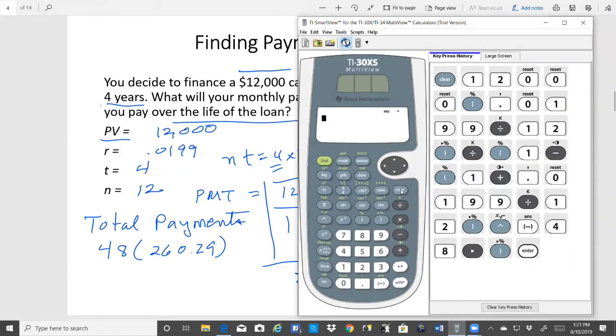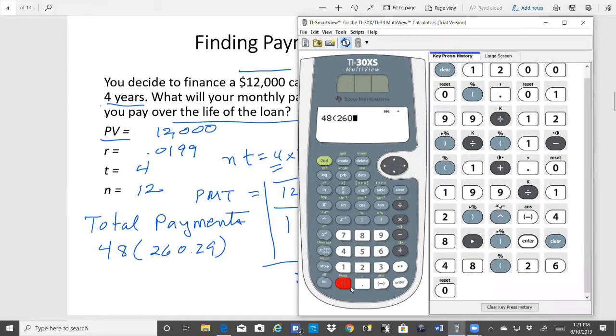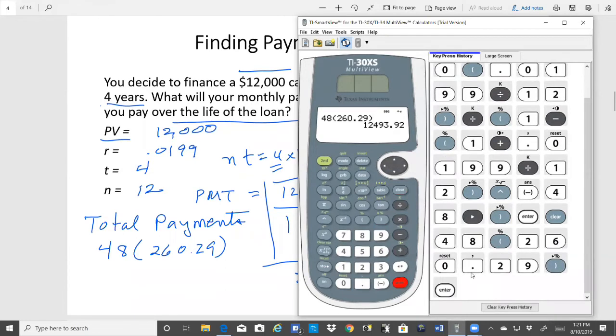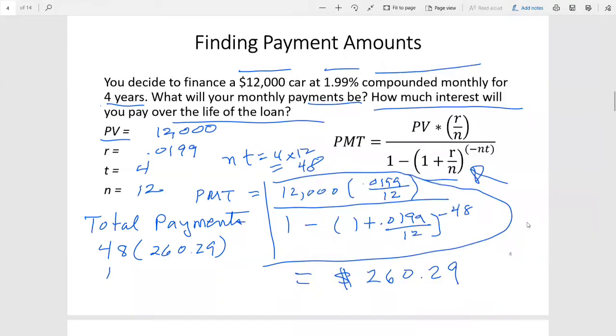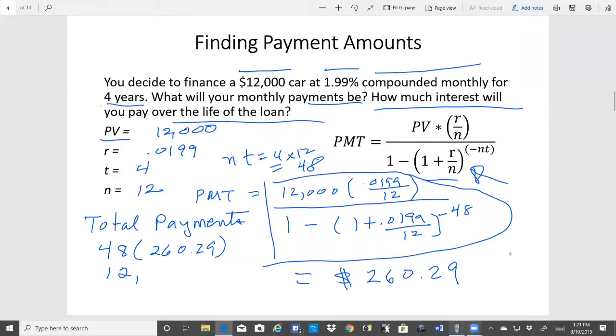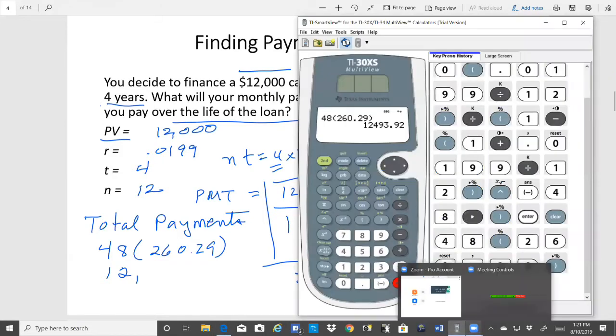Let's clear things out. You've got 48 times $260.29. The total payments are going to be $12,493.92.